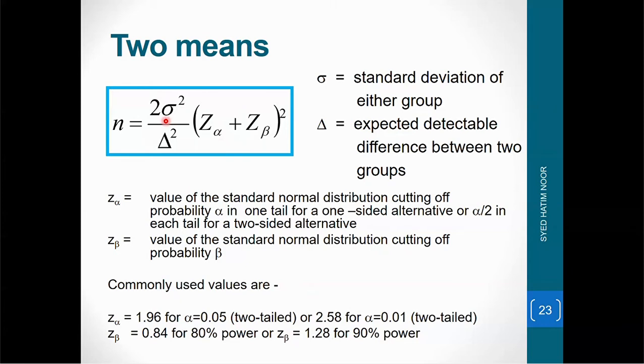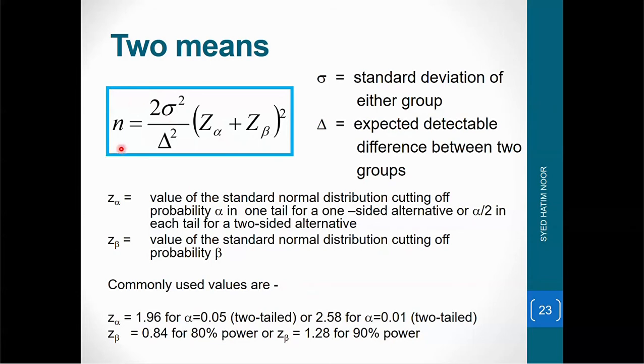For example, you found in the literature both standard deviations, for the CT scan and the MRI. You can choose either one, but of course, prefer to take the bigger standard deviation. Why? Then our sample size will also be bigger.